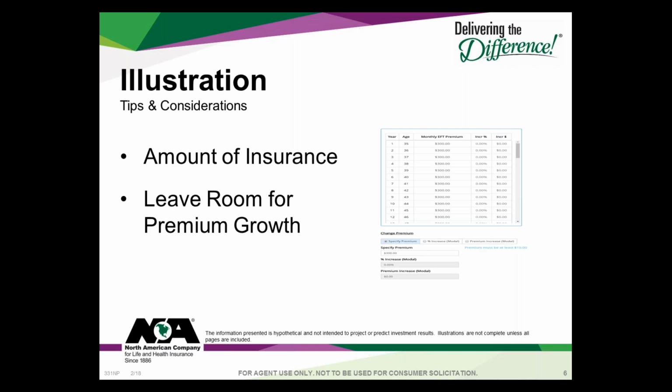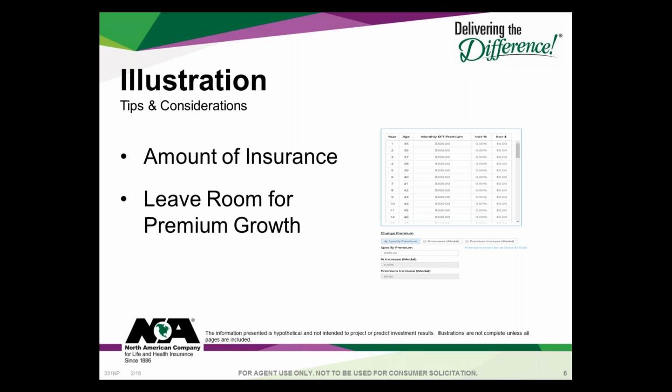And then run another illustration saying, and if you put a little bit of premium increases in here, maybe it's a percentage, maybe it's just a random dollar amount, here's a type of income stream that you could get. And they'll see a much larger number. And it's a very easy sale because you're not asking for more money today. You're not committing them to anything, but you're showing them a possibility.